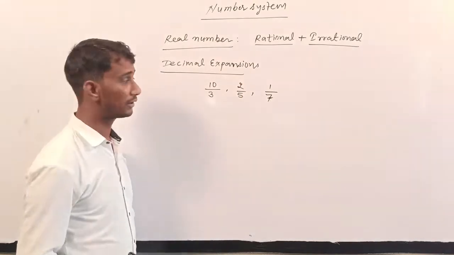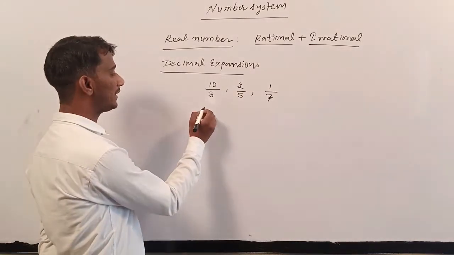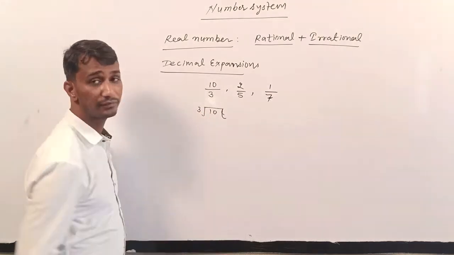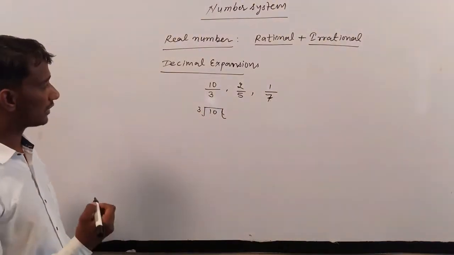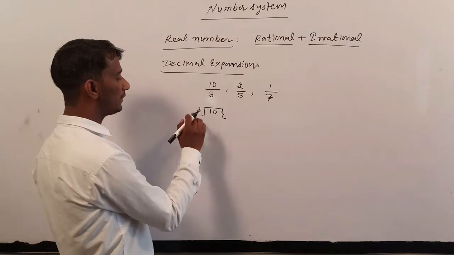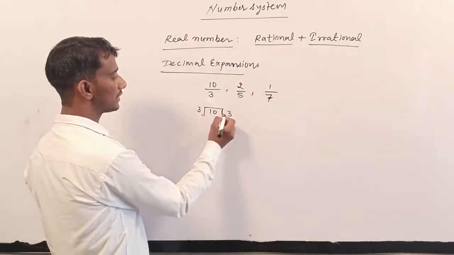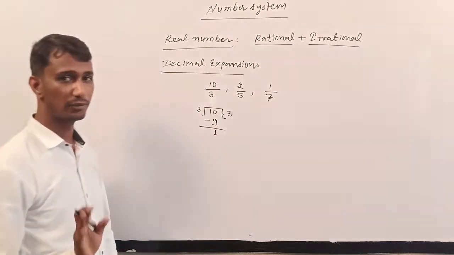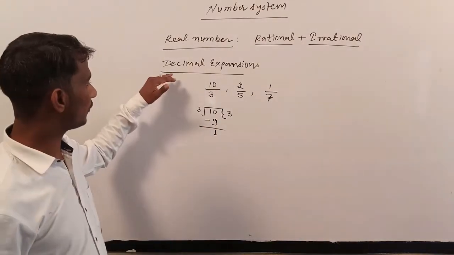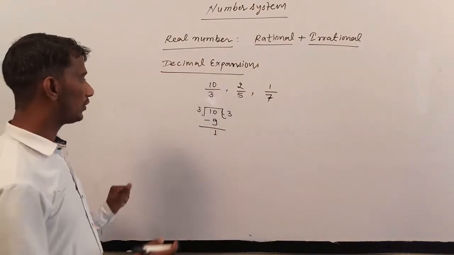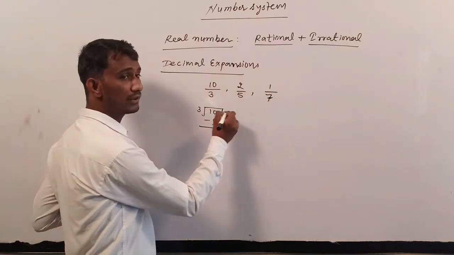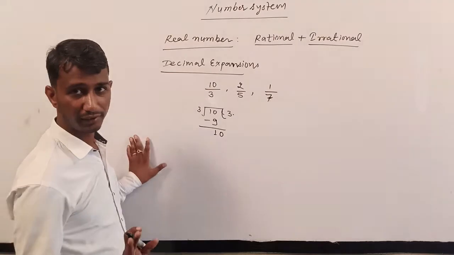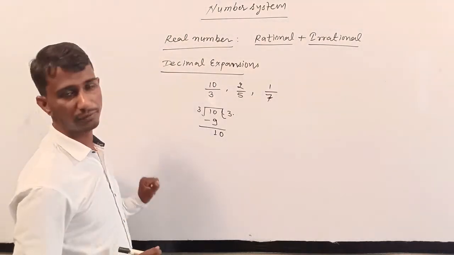Decimal extension of numbers means, if we divide 10 by 3, what do we get? Start dividing. 3 threes are 9, remainder 1. Is it completed? But we want the decimal form. So we mark the decimal point in the quotient and bring down 0. In this way you can find the decimal form.